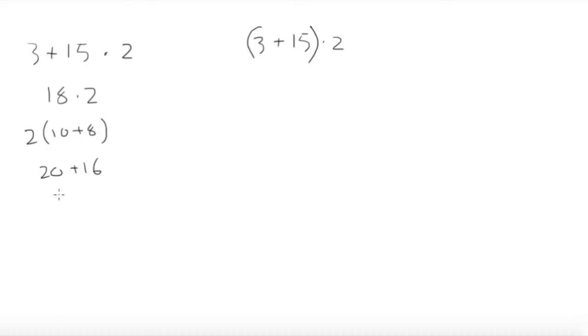Equals 36. If you did it that way, that would be incorrect. First thing you're going to do, actually, is the times tables. You're going to do 15 times 2, which is 30. Let's bring that down here.